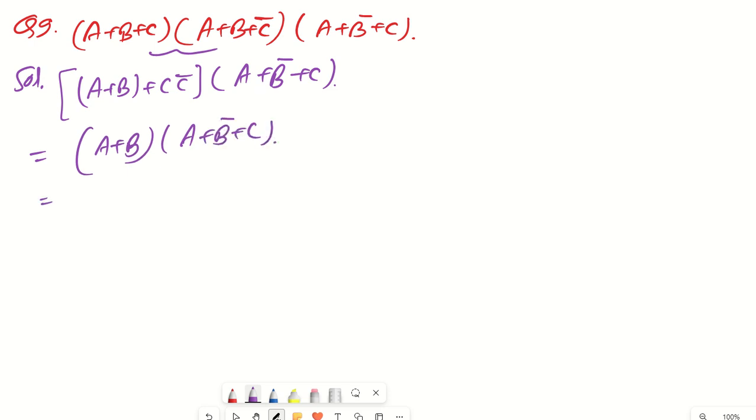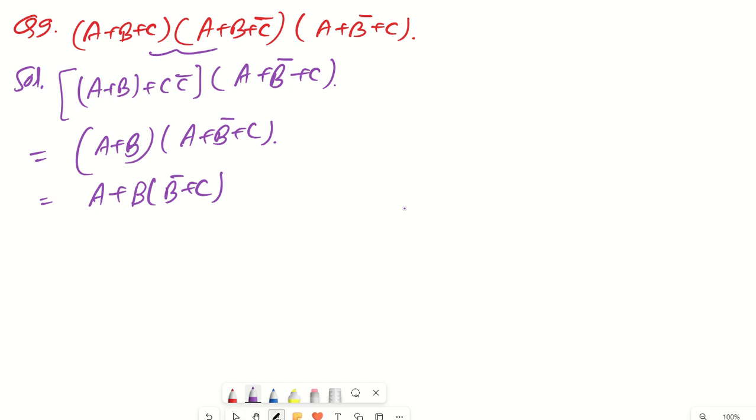Okay. Now we can see that this one also can be written by multiplying this. So what will happen? I can see that a plus will be a, right, and b into this. So I will write it down as a plus b into b bar plus c.